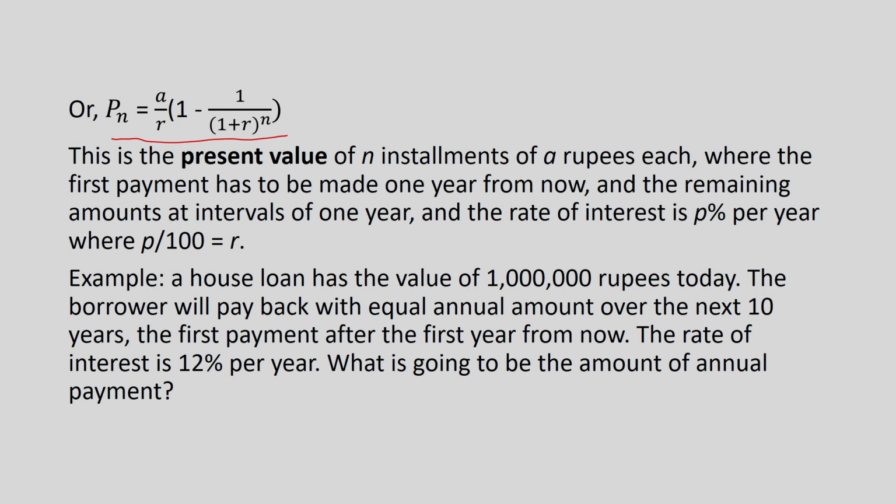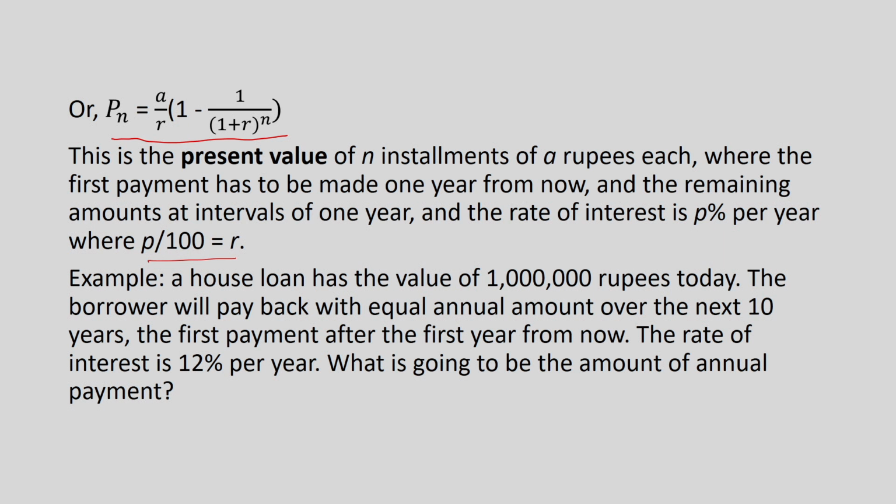So, there are n installments and R is P divided by 100, where P can be thought of as 10% or 15%. So, if you divide 10 by 100, you get R, which is the rate of discounting, or it is also sometimes called the rate of interest.